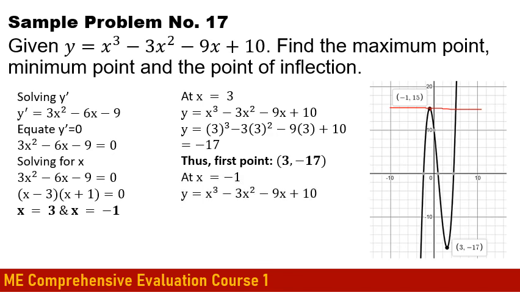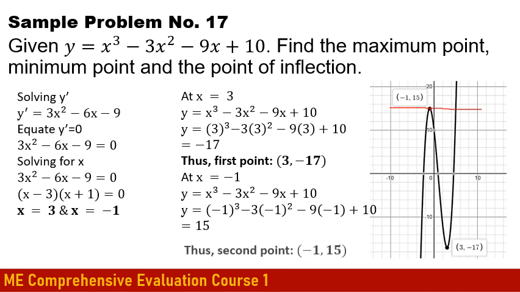At x equals negative 1, when we substitute the value x of negative 1 to the given equation, we get y as 15. That's why you can also see here that the ordered pair would be negative 1, 15. So this now represents the extreme positions, or the maximum or minimum point. But if you do not have this MOS, you cannot yet know whether it's the maxima or the minima.